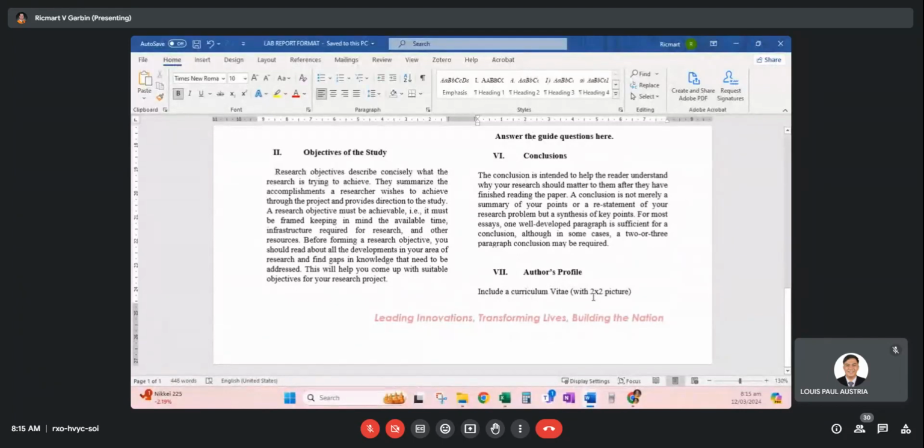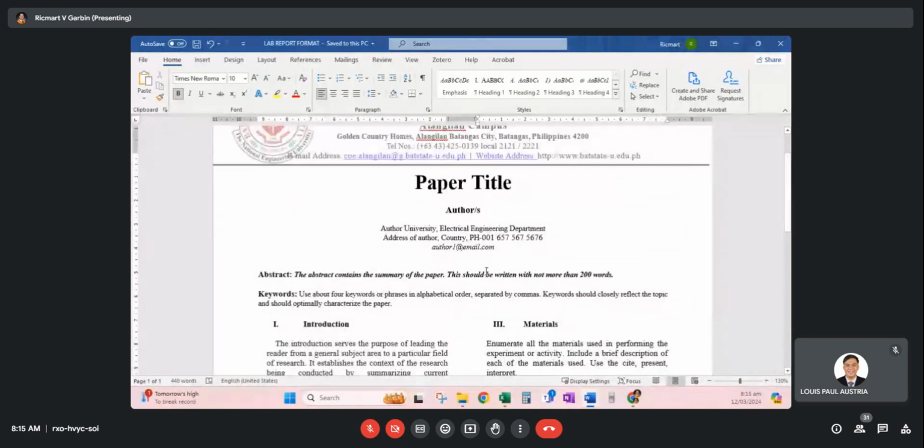Then the author's profile, yung basic lang na information about you. So, yung author's profile can be at the last page na lang of your paper kasi you will do multiple experiments until Thursday na yon. So, ito yung mga magiging content.